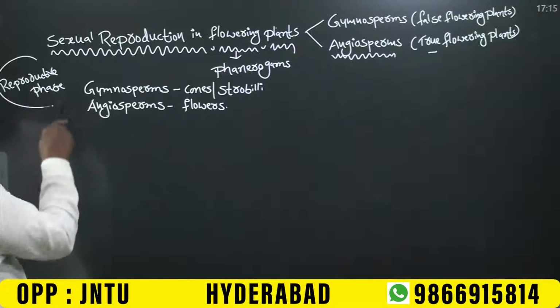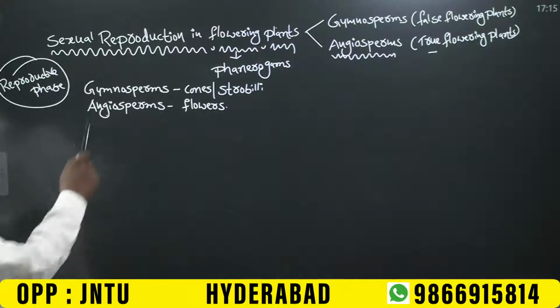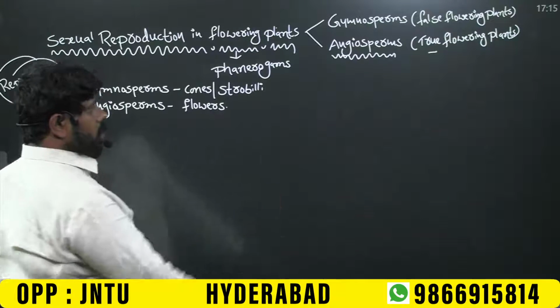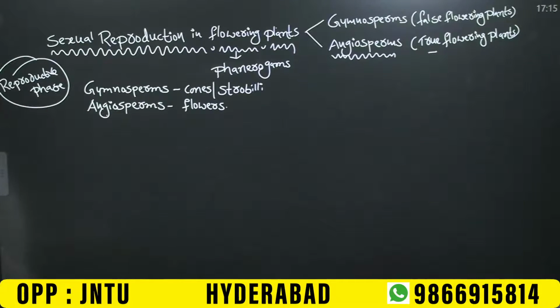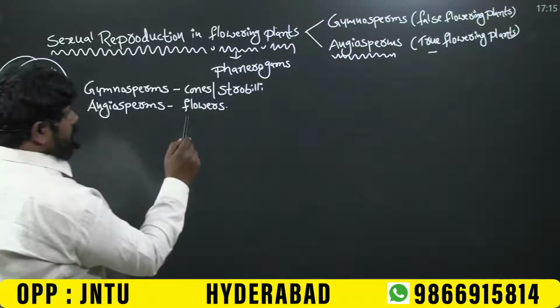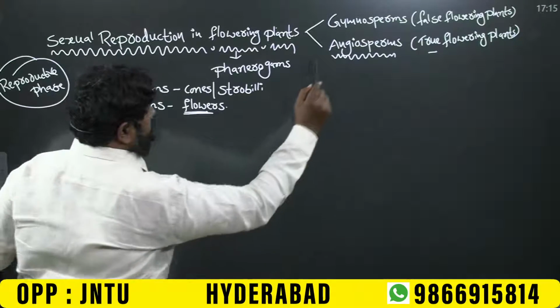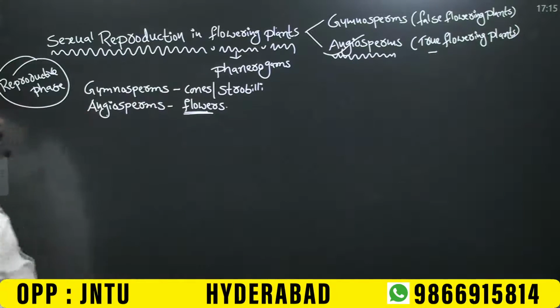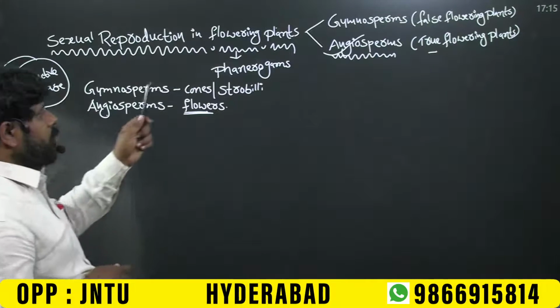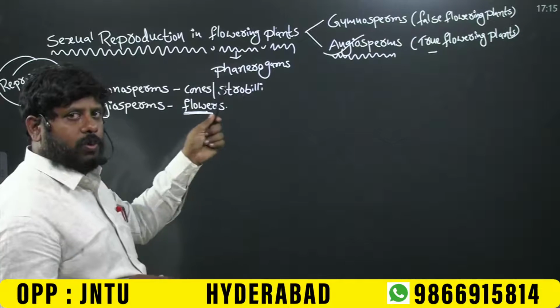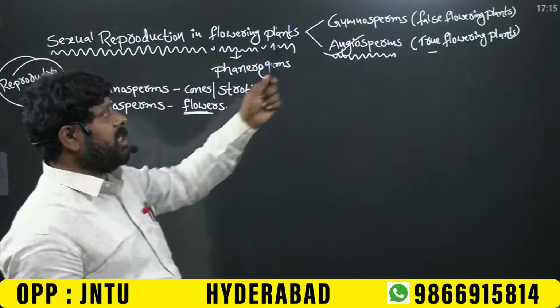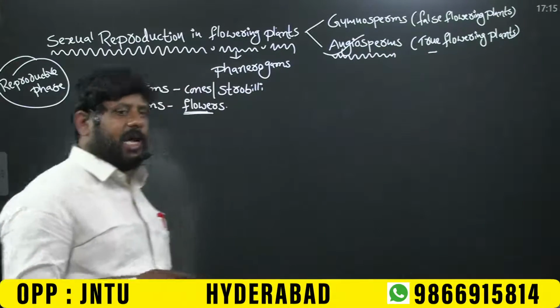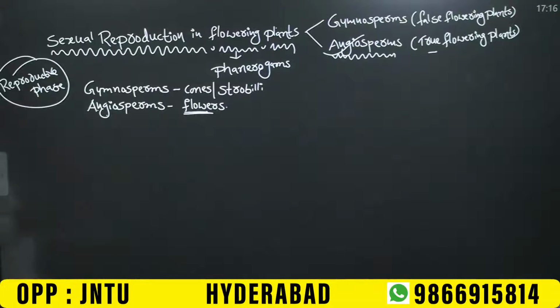During the reproductive phase, gymnosperms produce the cones or strobili, but angiosperms directly produce the flower. That's why angiosperms are considered true flowering plants, and gymnosperms, which produce cones or strobili instead of flowers, are considered false flowering plants.